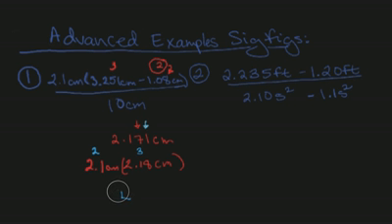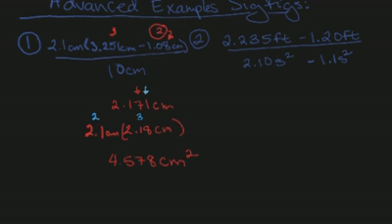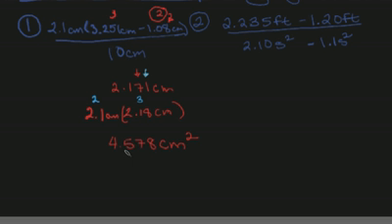Oops. Let's go back to red. So if I have 4.578, that's way too many sig figs. And this 10 is still at the bottom. I'm just doing the numerator right now. So what do I have to do?